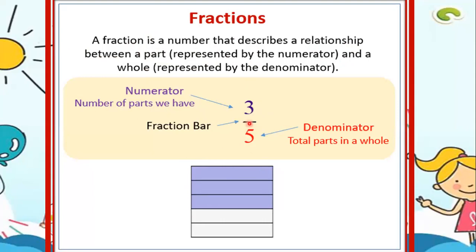The lower number is called denominator. Denominator is the total parts in a whole. When we divide the whole into parts, the total number of parts is called denominator, and the shaded or referred part is called numerator. Okay, beta, got it? Numerator is the number of parts we have, then the fraction bar, and below the fraction bar we have denominator, total parts in a whole.